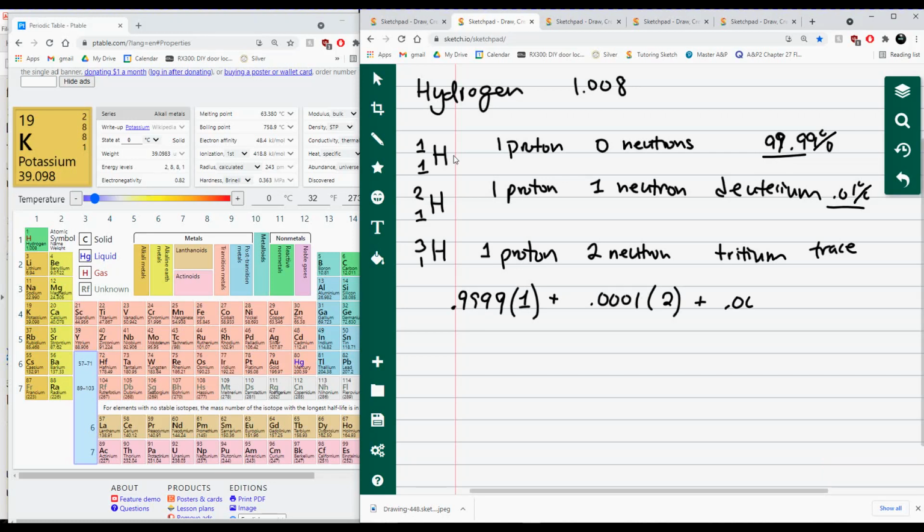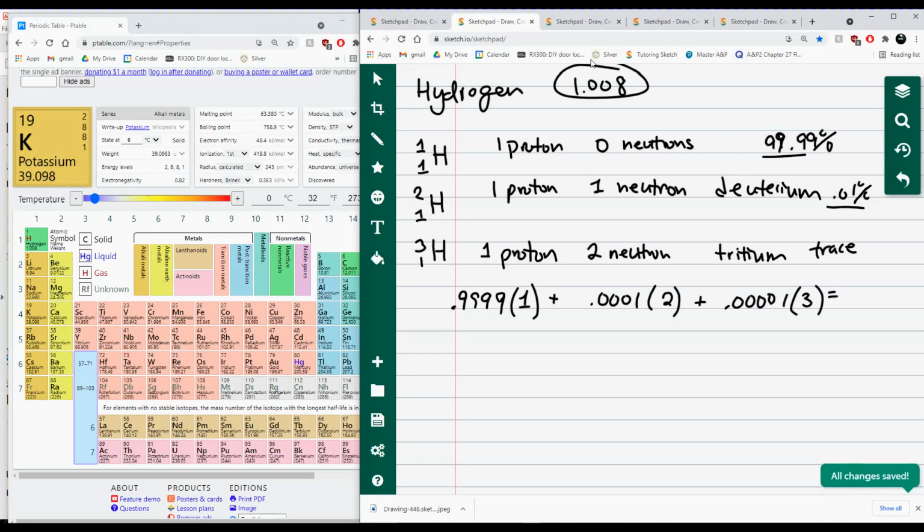And of course, we will have 0.00000, I would say 1, a very trace amount, times the atomic mass of tritium, hydrogen-3. When we use this, we calculate the exact value of the average atomic mass. The most important thing about these average atomic masses is that they reflect the relative abundance in nature of the atomic weights.